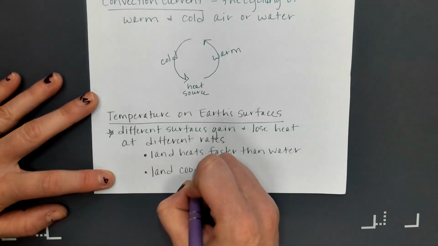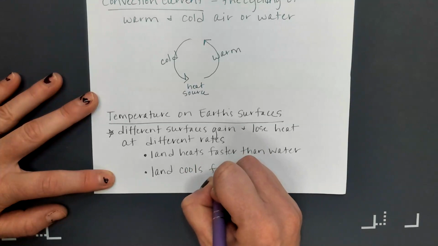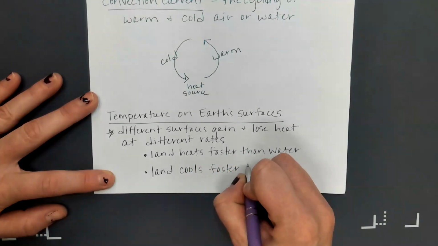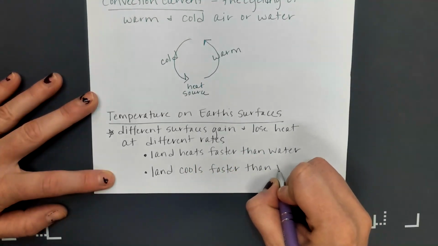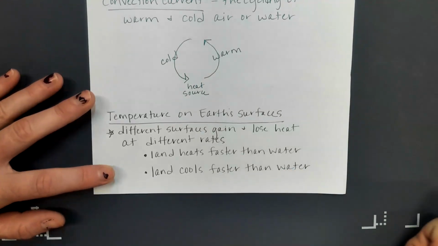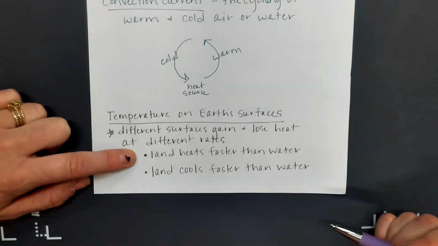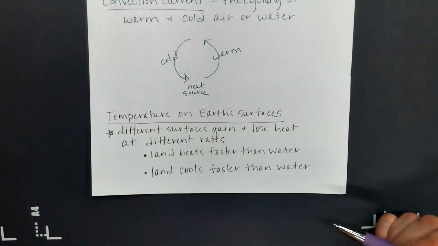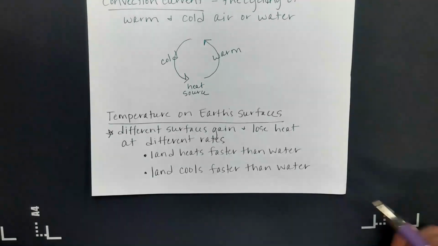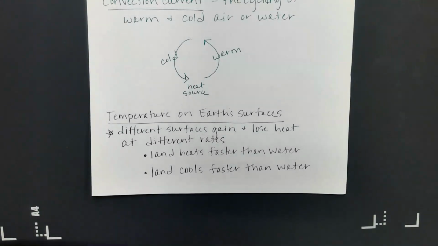In other words, it loses heat faster than water. Heat is gained and lost. Cold does not. So, for example, if your bedroom is really hot and you open the window, the heat leaves. Cool doesn't come in. Heat is what's either coming or going, depending on if it's being gained or lost.